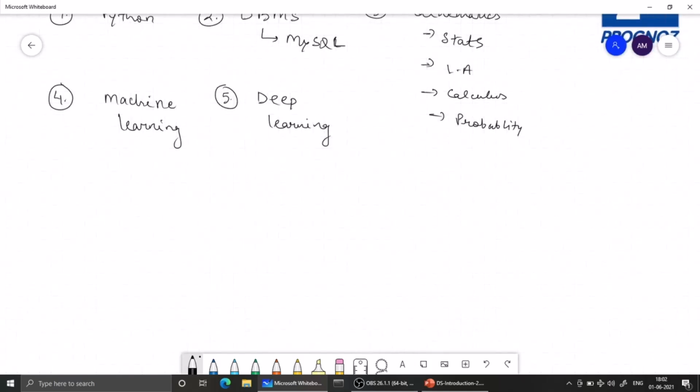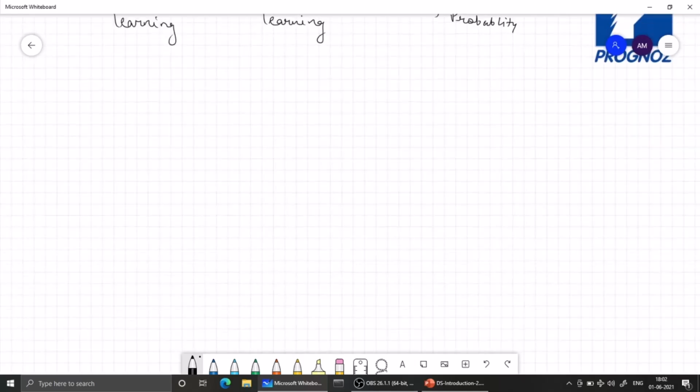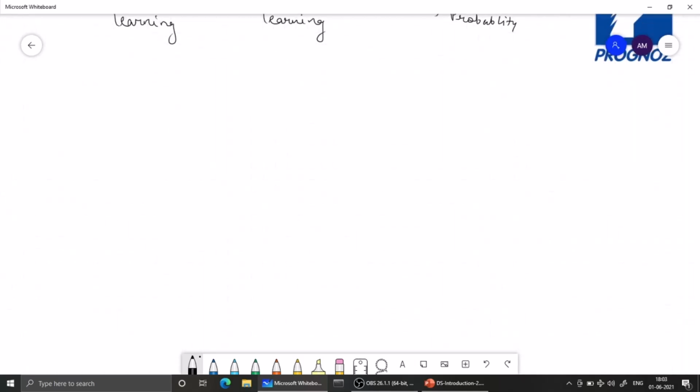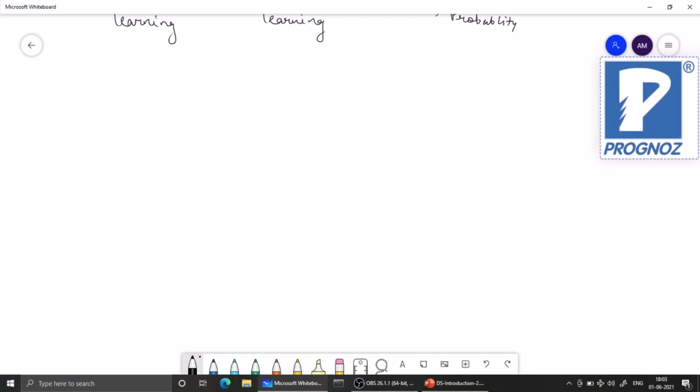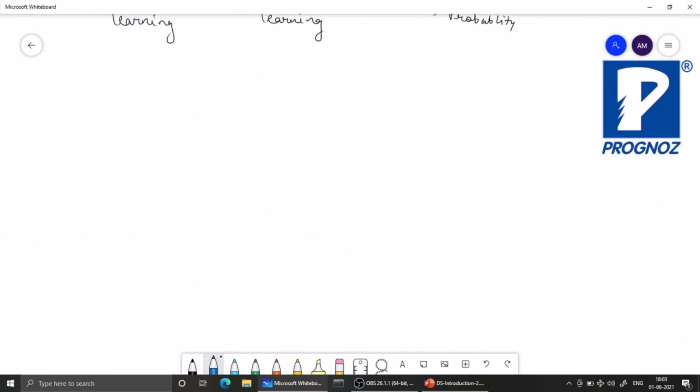Now coming to the next aspect, which is the skill set required from a data analyst. Let's talk about that as well. What is expected out of them? Python is mandatory. The Python programming language is essential for them.